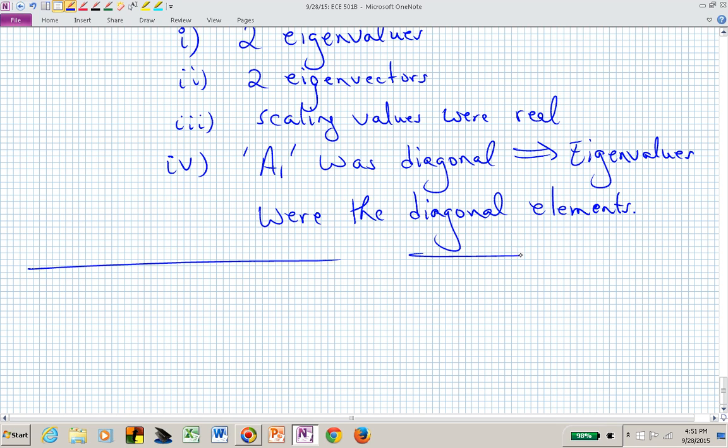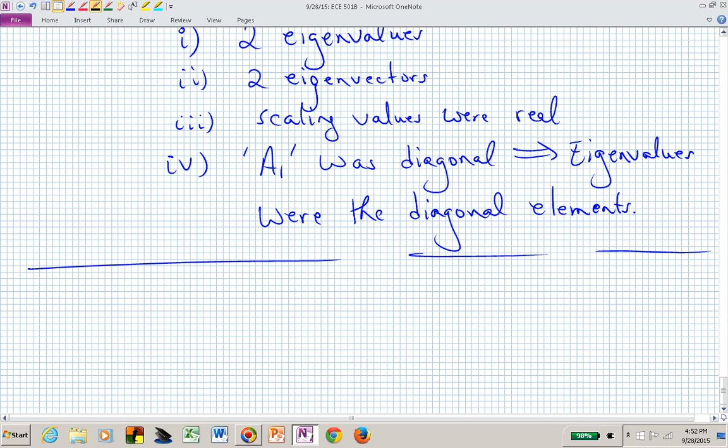Meaning if somebody gives you a diagonal matrix, and maybe that matrix is living on the field of real numbers, all you have to do is look at the diagonal elements and those will be your eigenvalues for that matrix. Your eigenvectors will be the standard basis for that particular matrix.